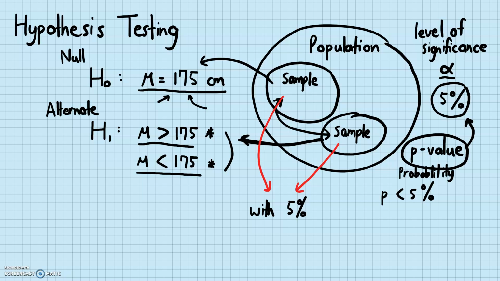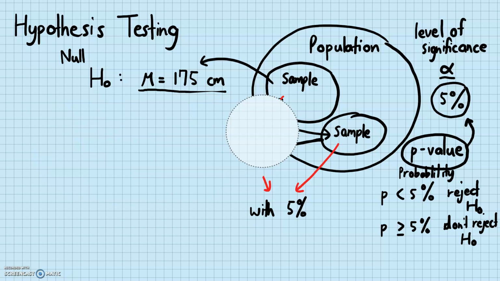Okay, if the p is less than 5%, it means that the probability that these two data sets line up is extremely low. So we reject the null hypothesis if p is less than 5%. If p is greater than or equal to 5%, then we don't reject the null hypothesis. Okay, so let's work through an example here to clear things up.